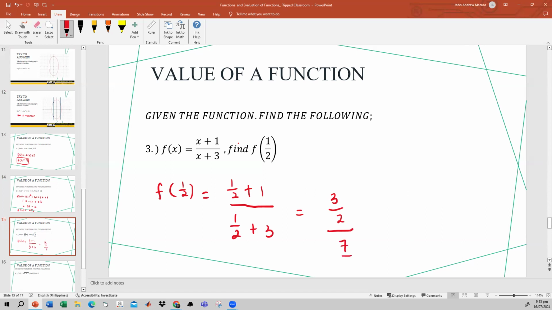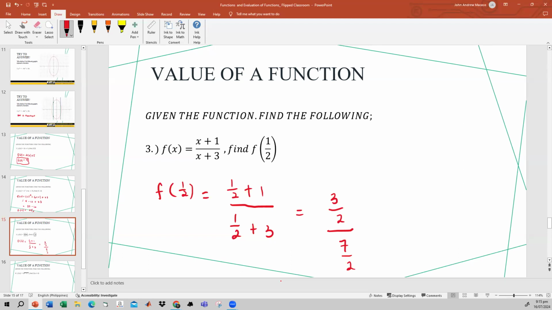7 over 2, right? If you're adding a fraction and a whole number, you copy the denominator, then multiply the denominator of the fraction by the whole number, then add the numerator. That's why it becomes 3, while this one becomes 7.